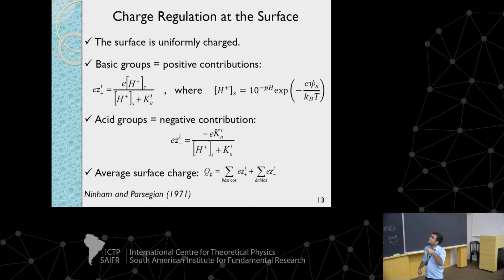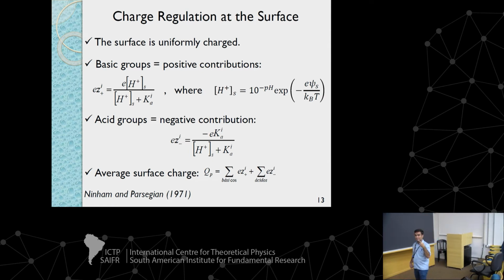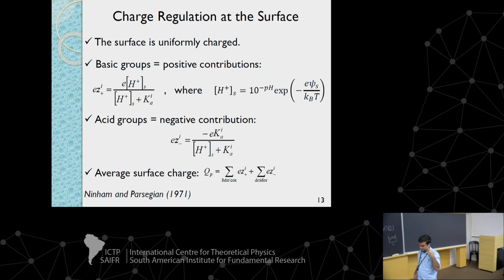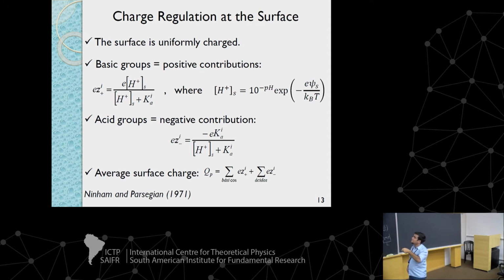So we are considering here the concentration of hydrogen ions, but this is the surface concentration. So it's calculated from pH, of course, and also considers the surface potential. We must remember that the pH at the surface is different from the bulk pH. So we are considering this. And if we sum up all the contributions, we have the average surface charge.